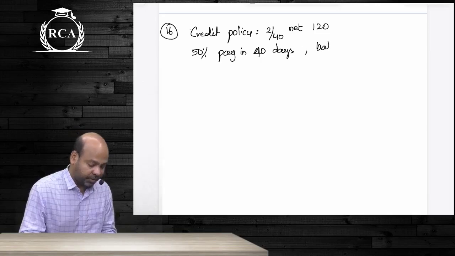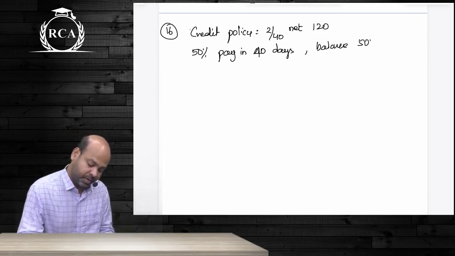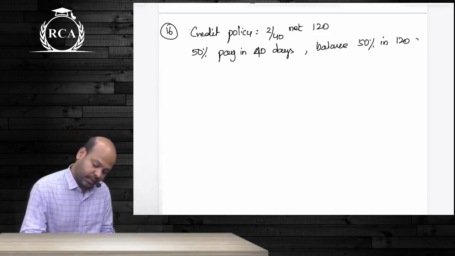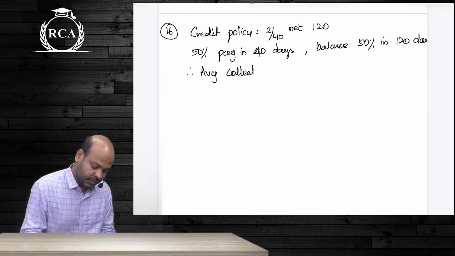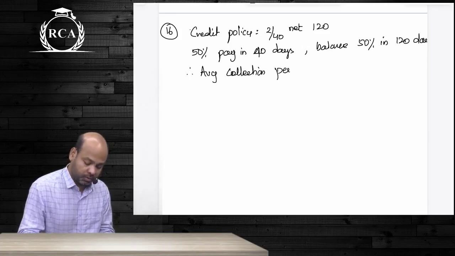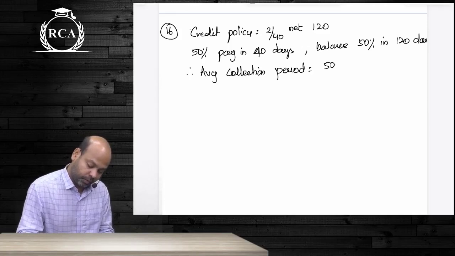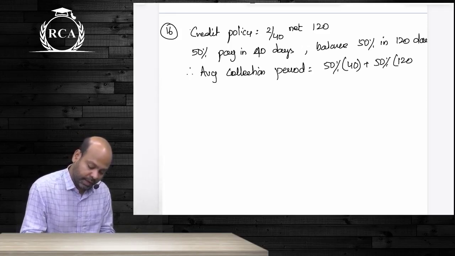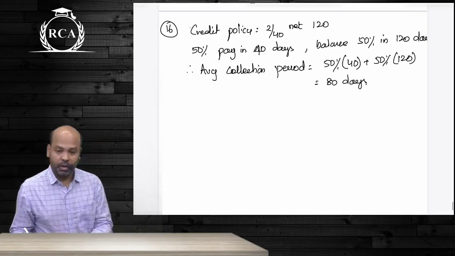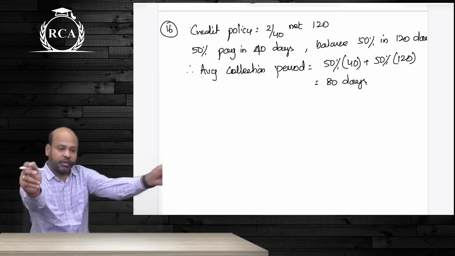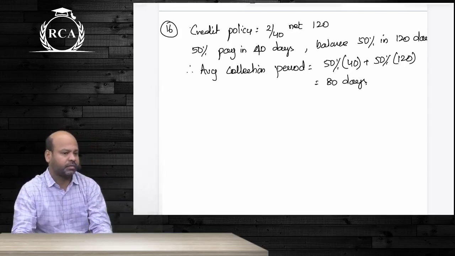And balance 50% pay in 120 days. Therefore, guys, your average collection period will be equal to 50% of 40 plus 50% of 120, guys. And that, beta, will be equal to 80 days. It will be 50% of 40 and 50% of 120, guys.